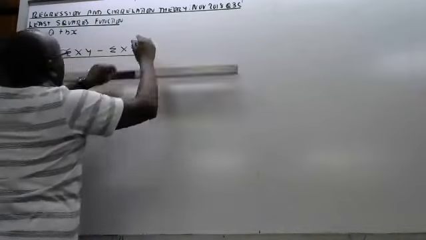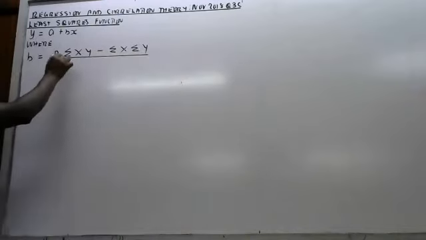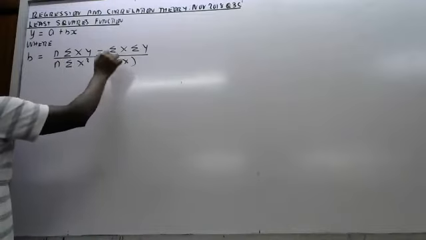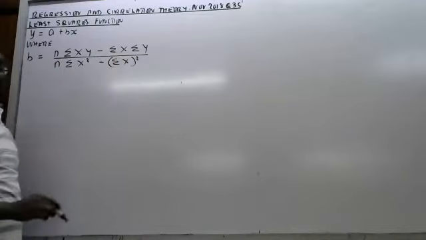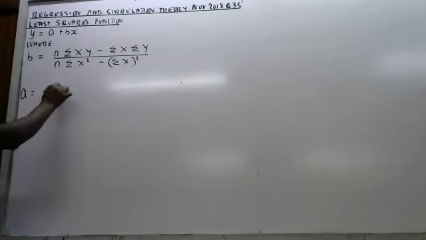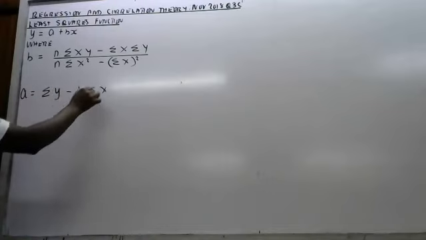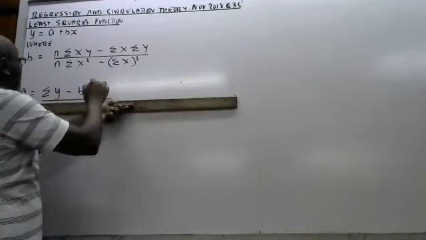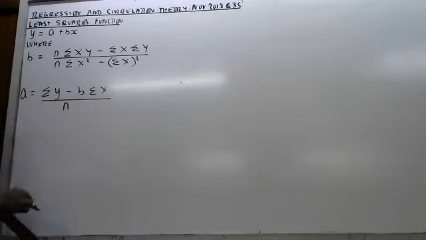You divide by n sum of x squared minus sum of x, you square that. Then a is sum of y minus b sum of x. You divide by n.